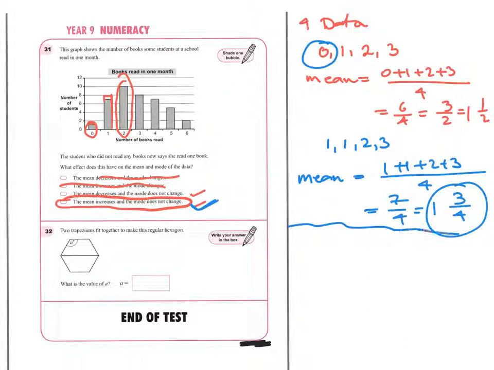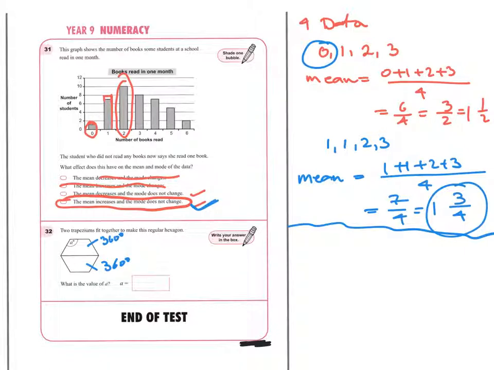Now the last question. Two trapeziums fit together to make this regular hexagon. So I think the information given here is that the sum of all internal angles in a trapezium is 360, and 360 here as well.